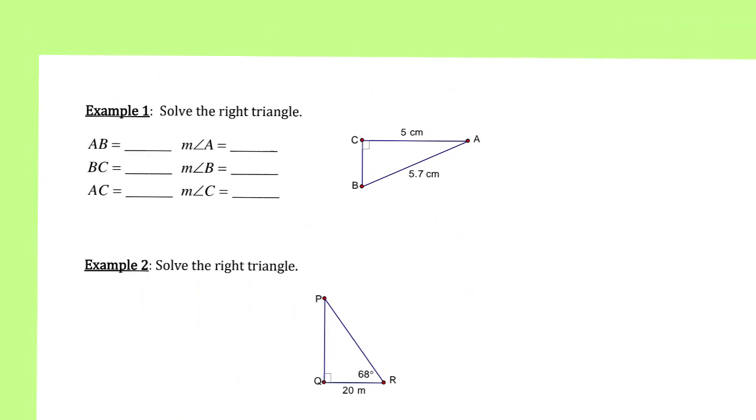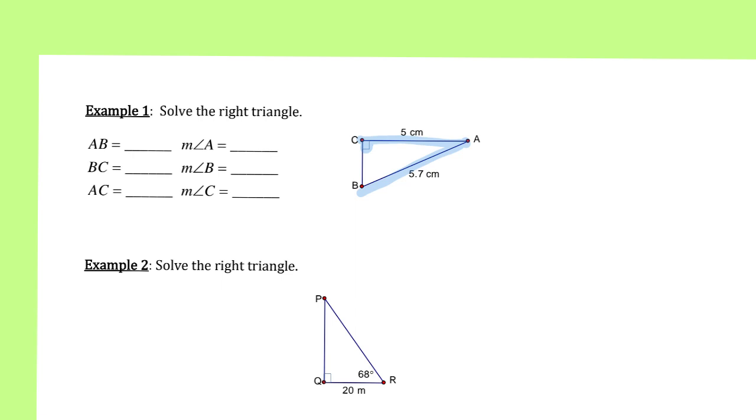So this is solve this. The given data: we're given three things. We're given the measure of this segment here, the hypotenuse. We're given the measure of this side right here, and we're given that it's a right triangle. Those are the only three things we're allowed to use in any step.